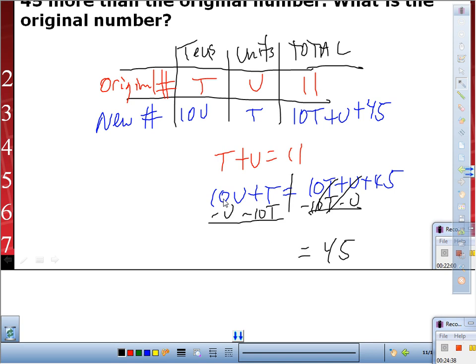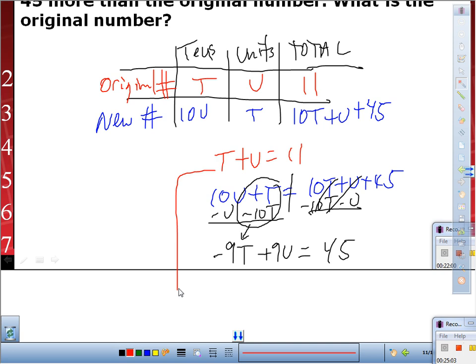So I'm going to start with a T and I'm going to put it on the 10th spot. So what is negative 10T plus T? Negative 9T. Everybody see what I did? And then 10U minus U, that's positive 9U.